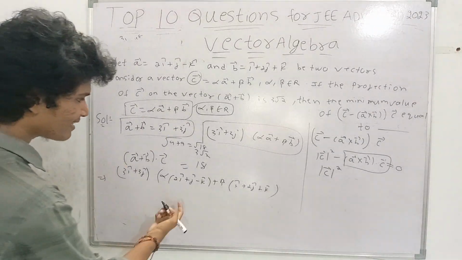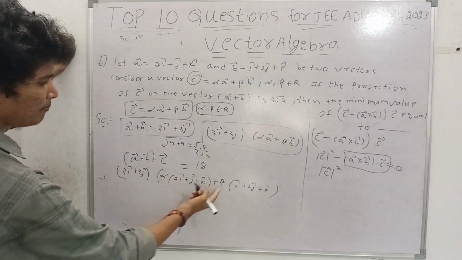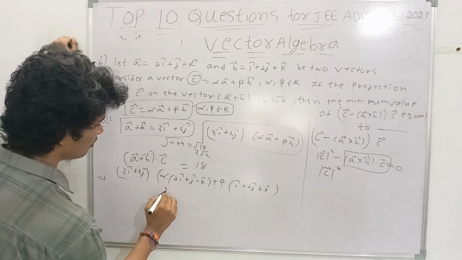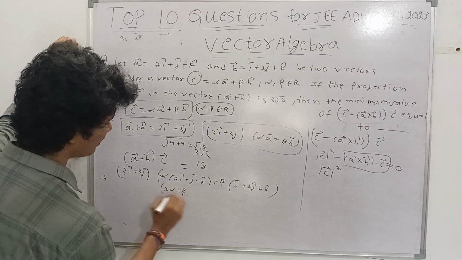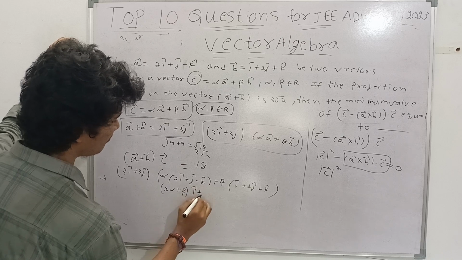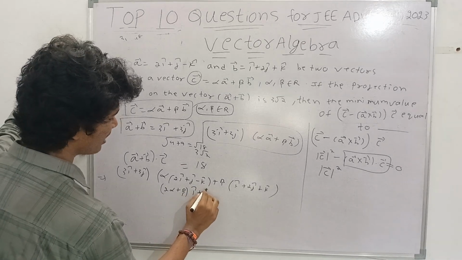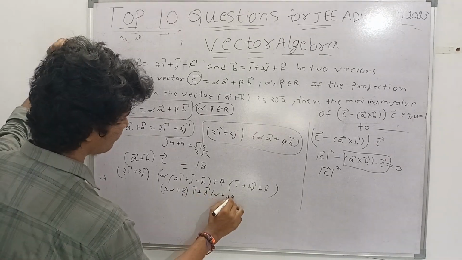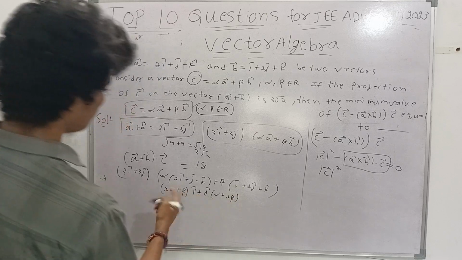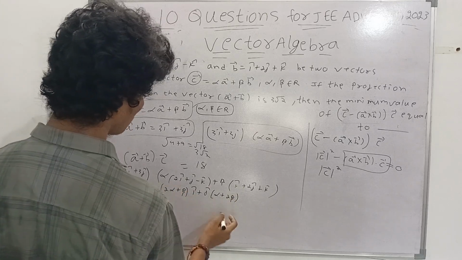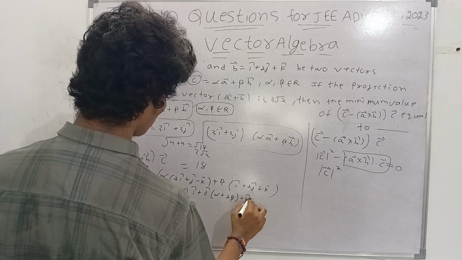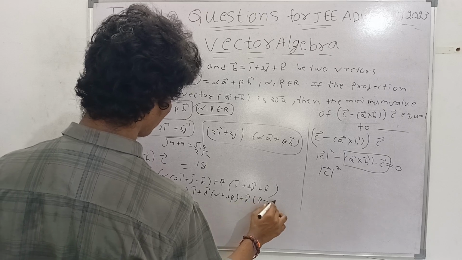Now here it is clear: 2 alpha plus beta in the i cap, alpha plus 2 beta in the j cap, and in the k cap it is beta minus alpha.